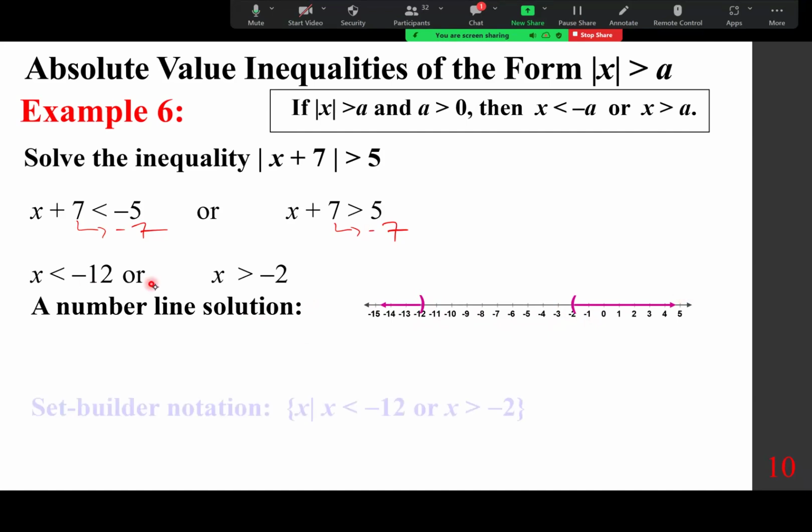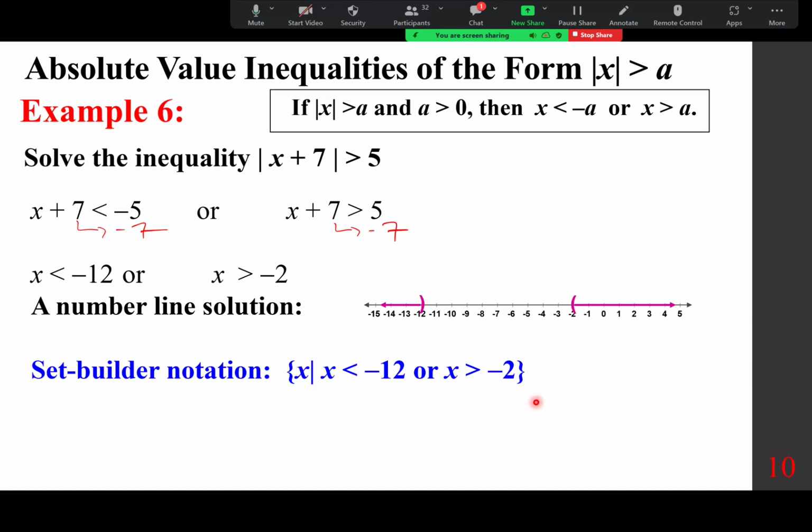As far as the set builder is concerned, just put that in braces and write x such that x is less than negative 12 or x is larger than negative 2. The interval notation, we go from negative infinity to negative 12 union negative 2 to infinity.